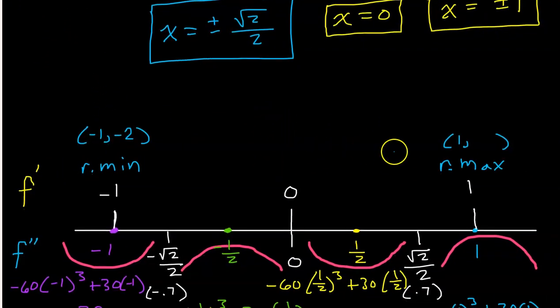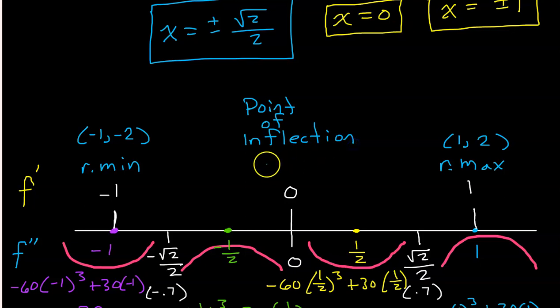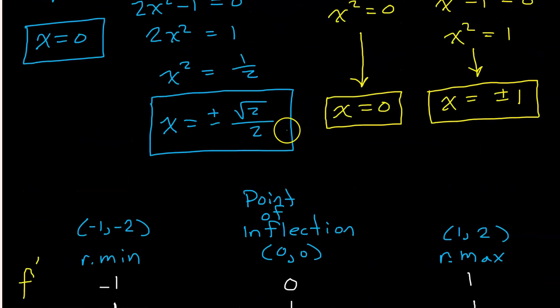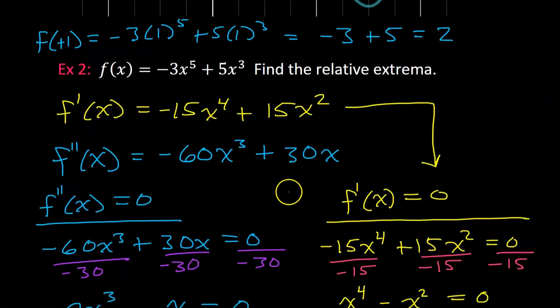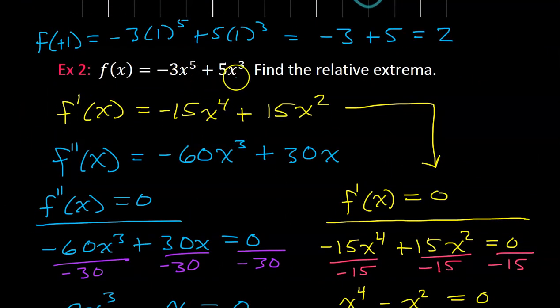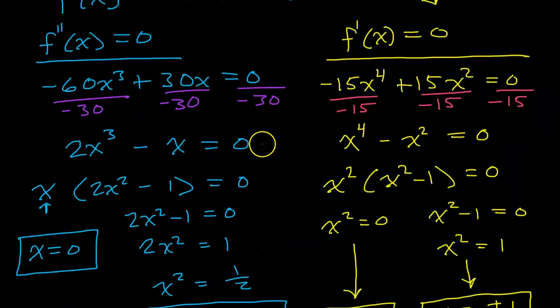Okay, so we have a relative max at 1 comma 2. And don't forget that we had a point of inflection right here. Point of inflection. And this is going to be at 0 comma 0 because we can easily see if we put in 0 for both of these, we would get 0.